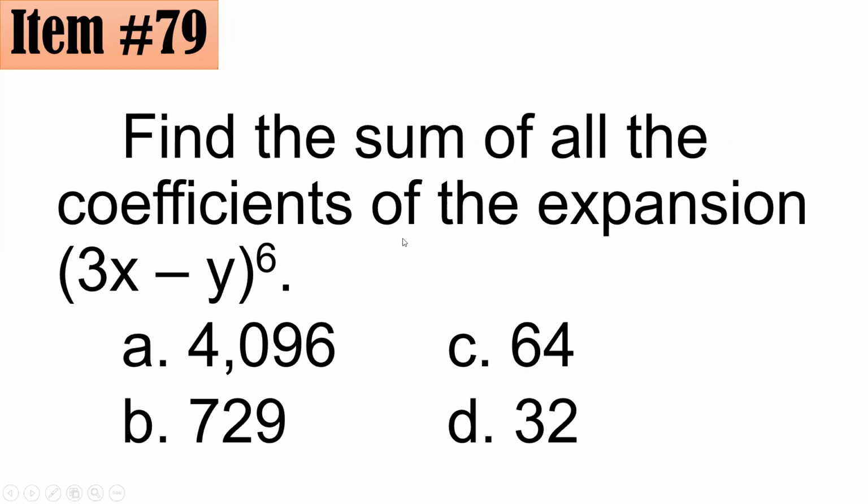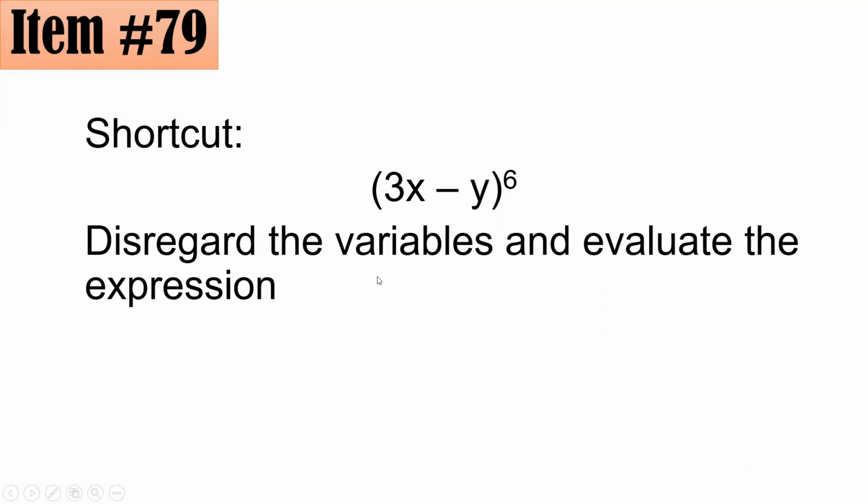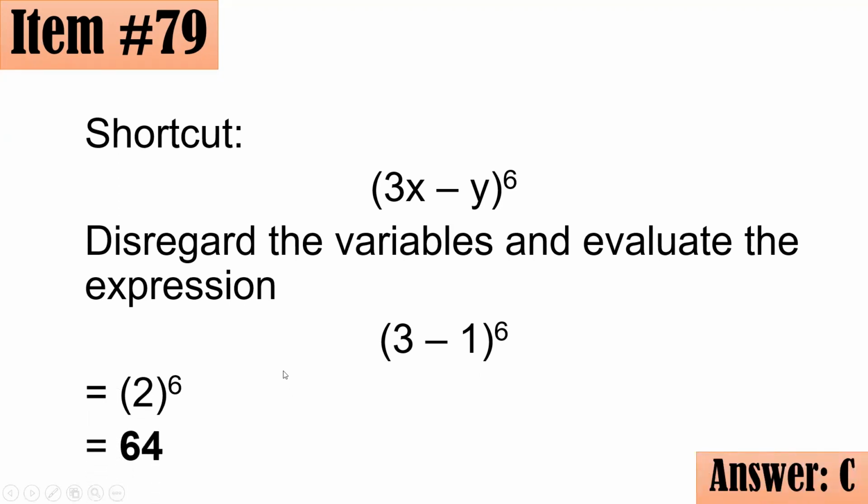Exactly. So yung technique po dito ay kunin nyo lang po yung mga variables. Di ba 3 ito? Dito 1, minus 1 po yan dito. So disregard na lang po yung variables and evaluate the expression. So that will become (3 minus 1) to the 6, 2 to the 6, which is 64 po.